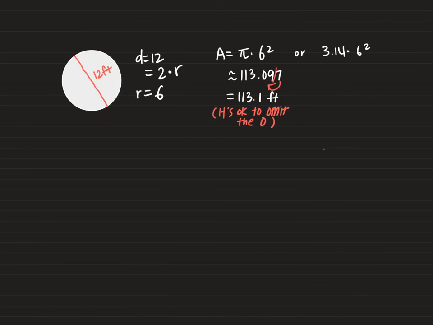If you're using 3.14 times 6 squared, it's just going to give you 113.04. So you're going to have a little more of the gap in between those 2 numbers. And again, that's why I need you to write down the symbol that you're using for your calculation.